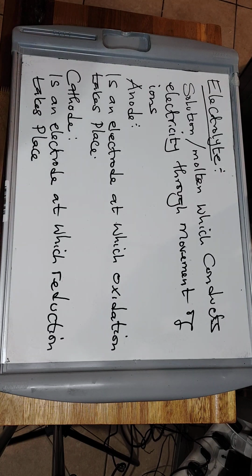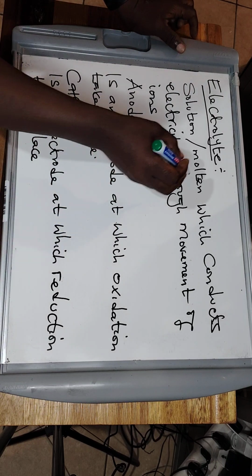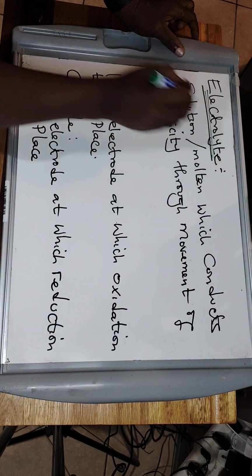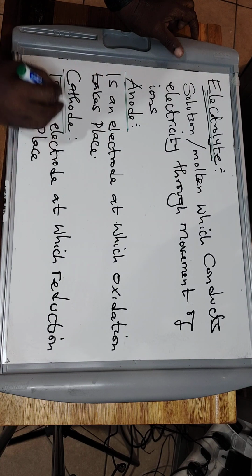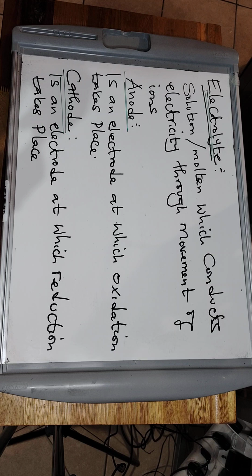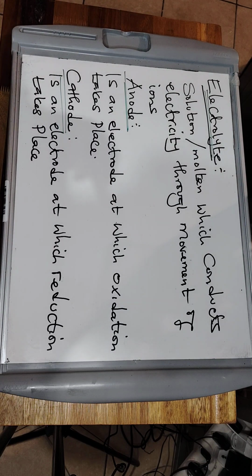So those are some of the terms we have seen. More are still coming. Remember what we have looked at: an electrolyte, the anode, and the cathode. Those are very important as you are going to see them throughout the entire course.